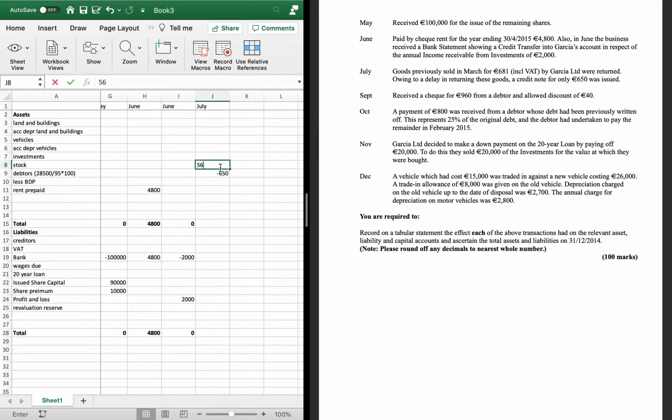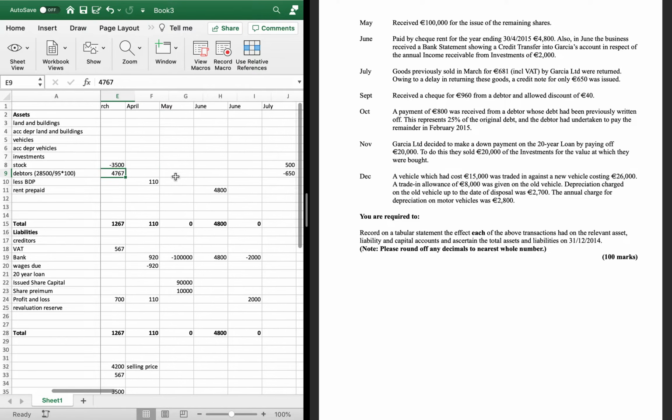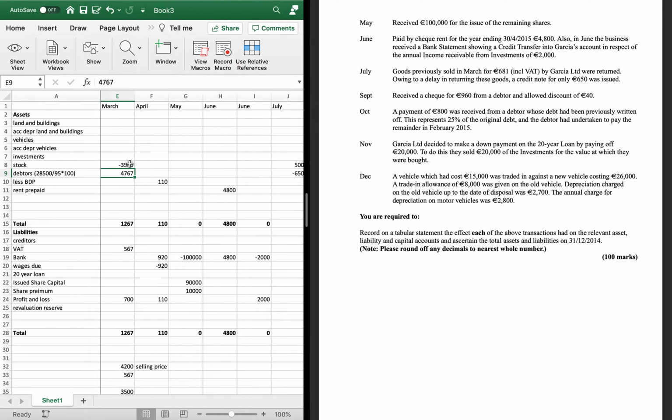Stock goes back up by 500. It's always going to be the same ones that we used in March, except the opposite way. So see the way in March when we sold the goods, stock went down. Well, when they're returned, stock goes up. When we sold goods in March, debtors went up. When they're returned, debtors goes down.